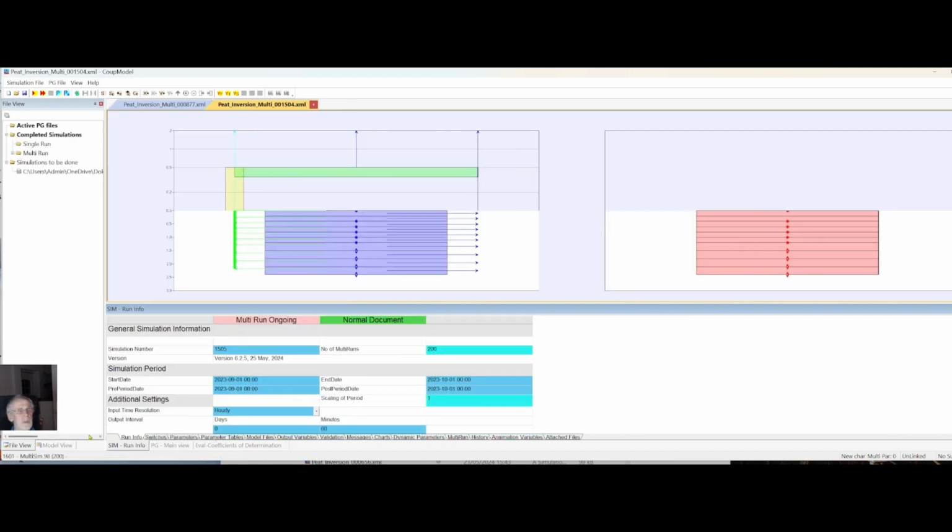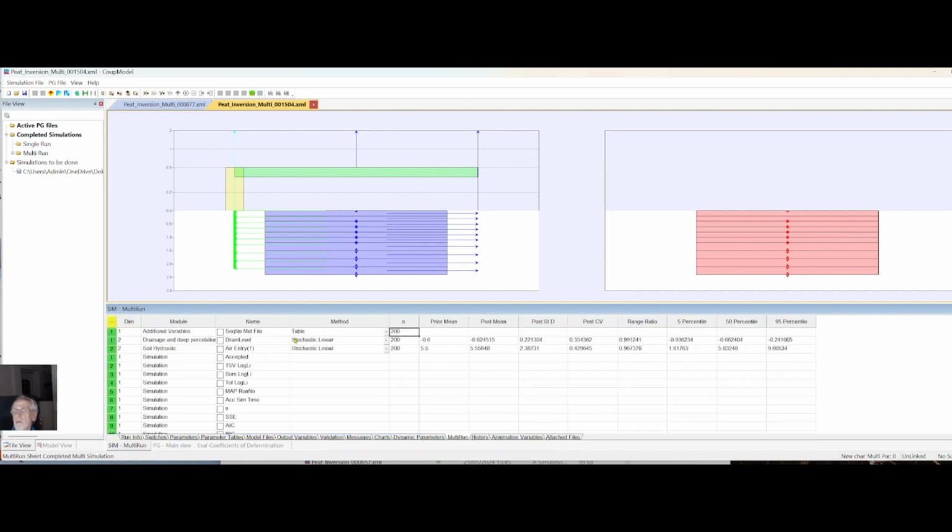You could see here that it is counting the number of runs, and now 200 runs have been done, so it's relatively quick when we have such a short period of time. And then we should be able to go back and look to the same information now with the Multirun with 200.